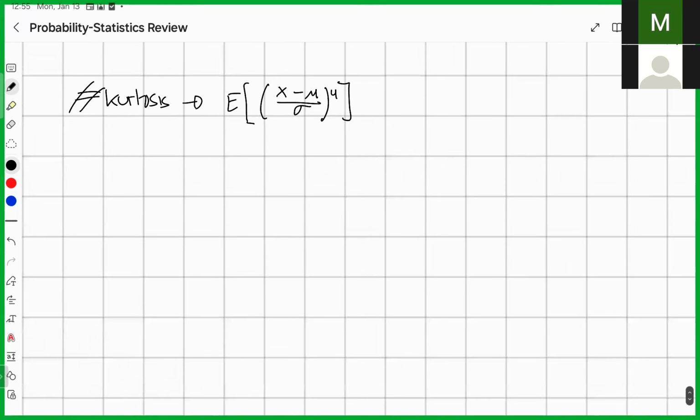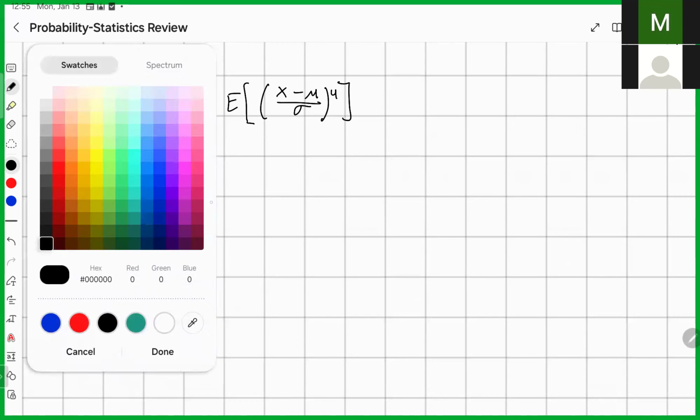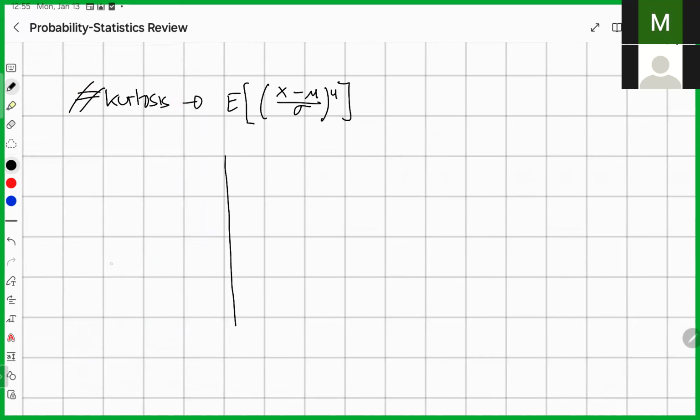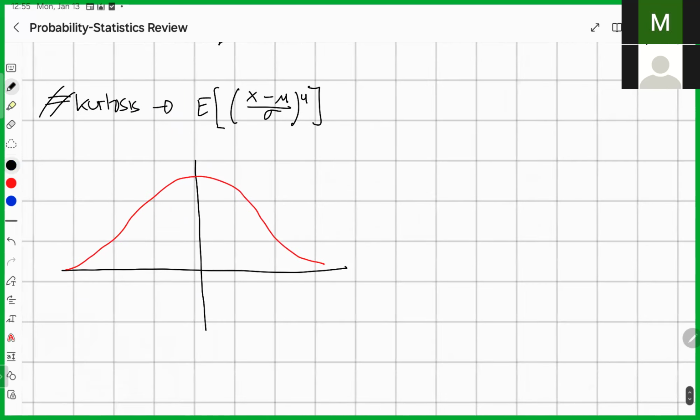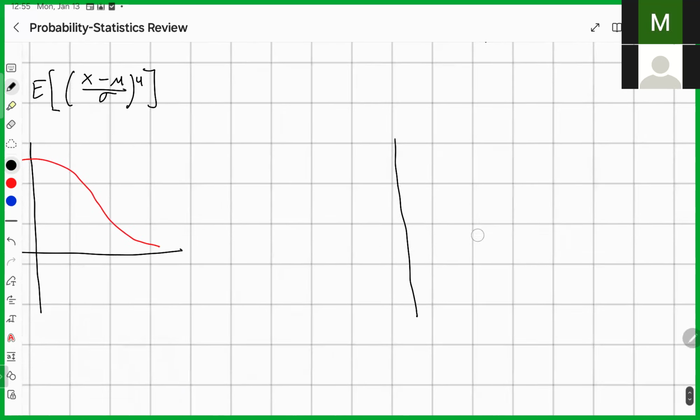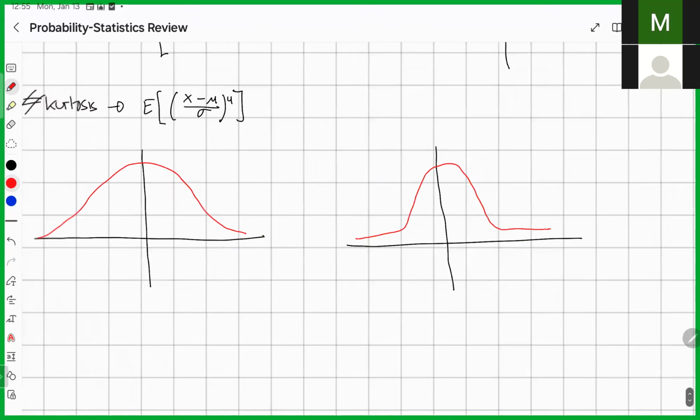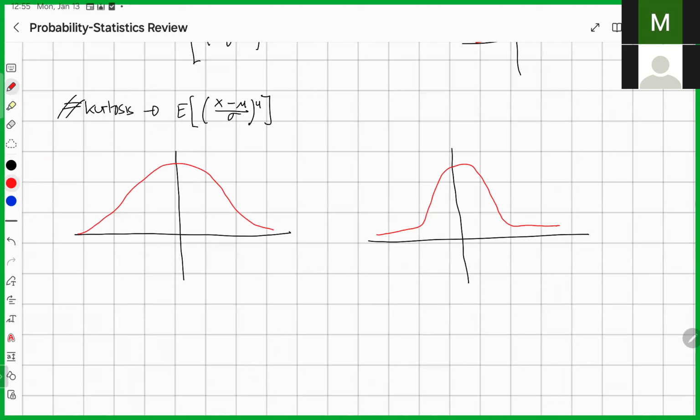Basically this is the easiest way to explain it. If your distribution of data looks like this, for example, then it has small kurtosis. On the other hand, if your data has these pigtails, then basically it has large kurtosis. So those are all the parameters that we can use to describe our distribution of the data.